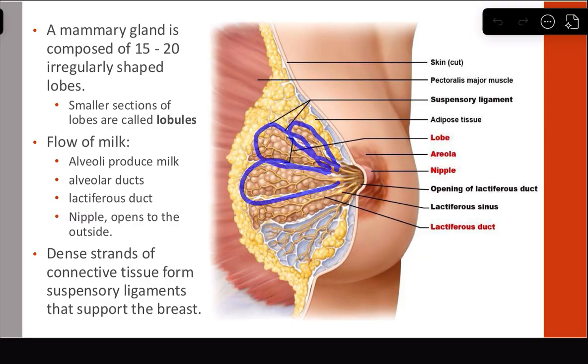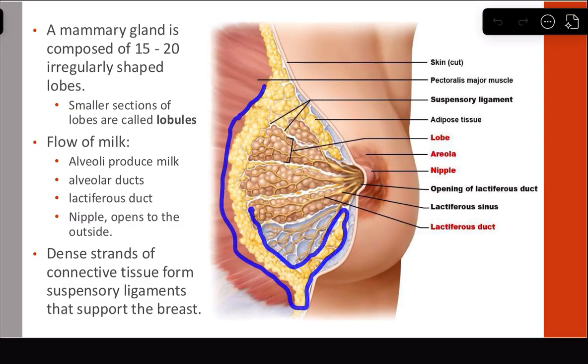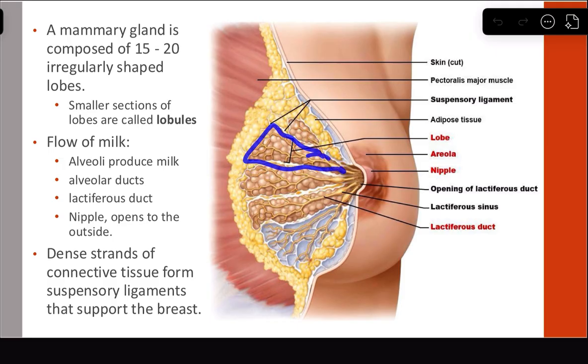They're going to be separated by fibrous connective tissue and fat, which we know is the largest contributor to the increasing breast size during puberty. And of course, in the case of weight gain, you're also going to see increased fat deposition in the mammary glands, in the breast tissue as well. So these are the 15 to 25 lobes radiating all the way around.